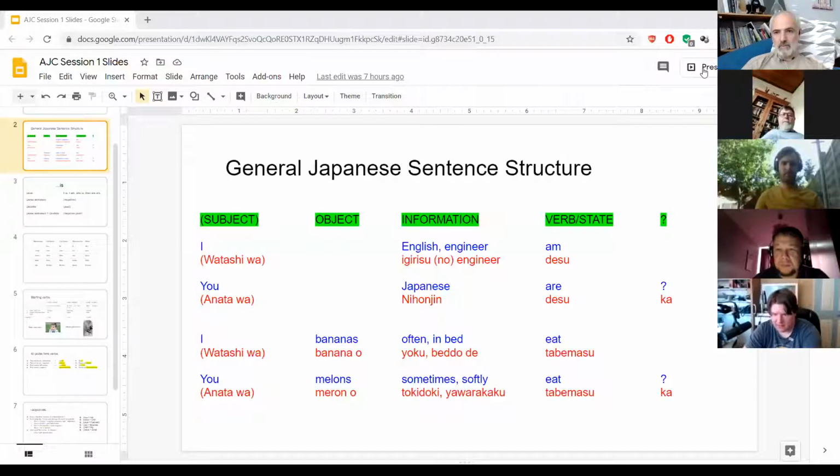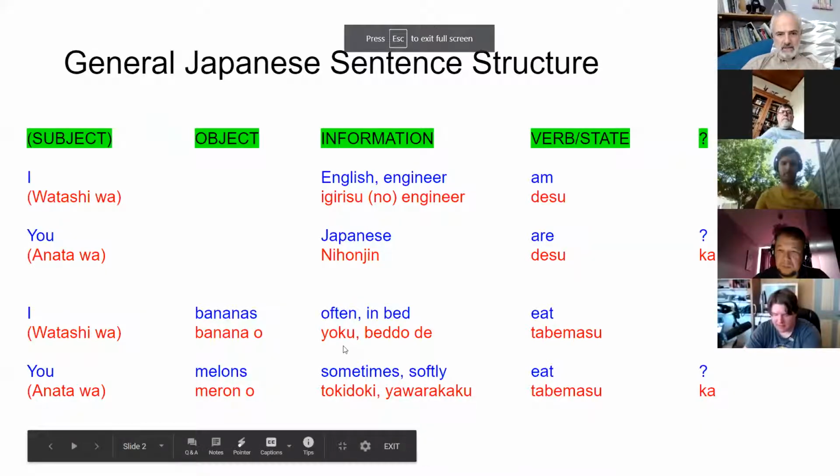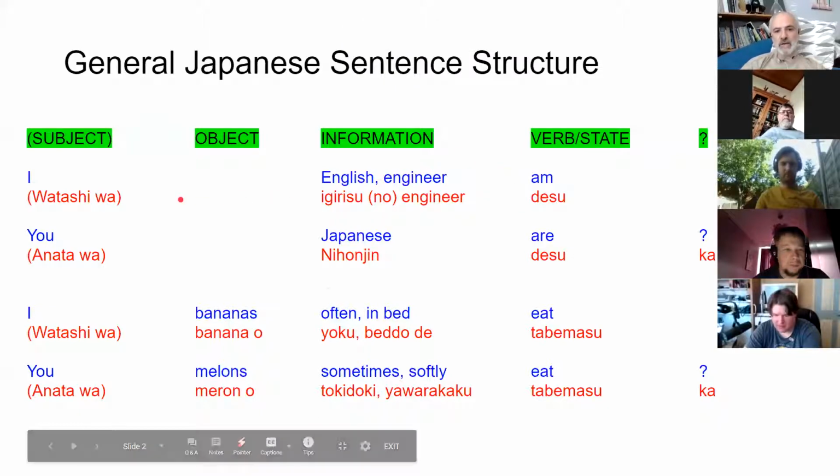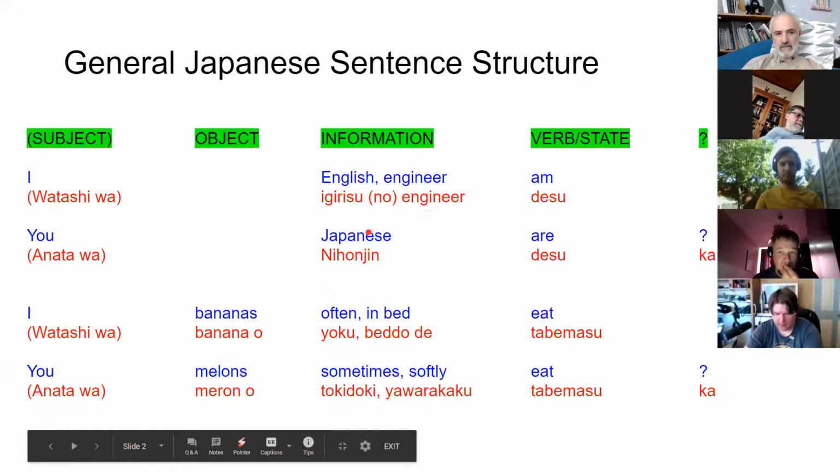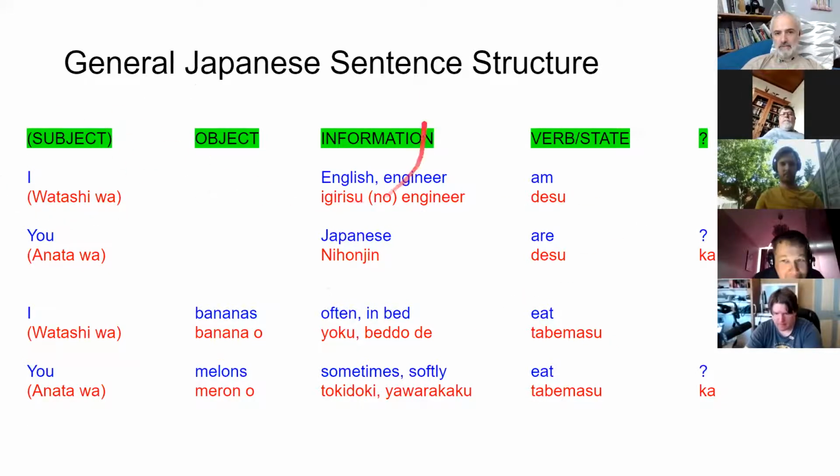So if you remember what we did last week, was to just examine the general Japanese sentence structure. So the rules being subject at the beginning and verb or state at the end, or of course you can put ka at the end to make it a question, which makes things very easy. And everything else, the objects and the information can go in the middle.